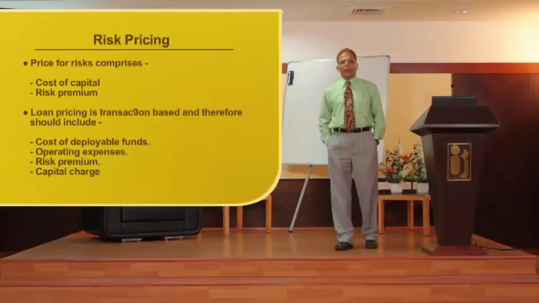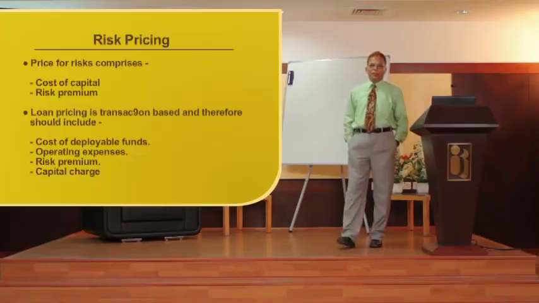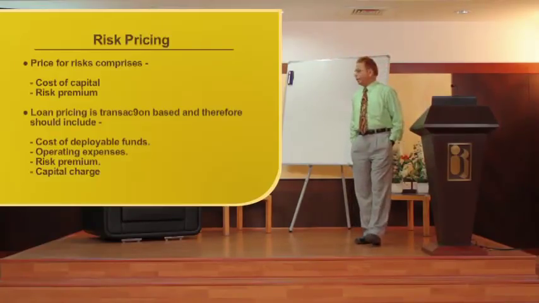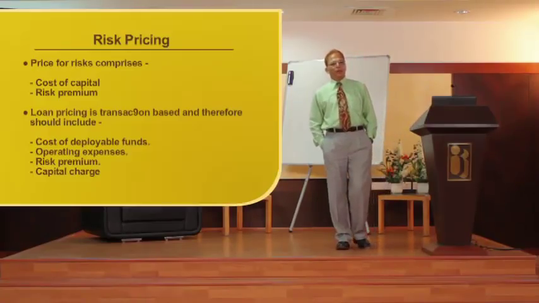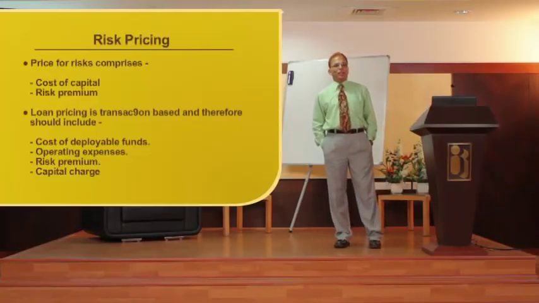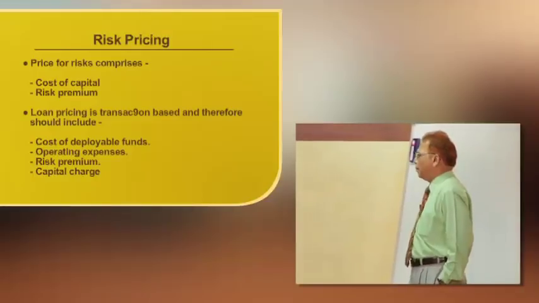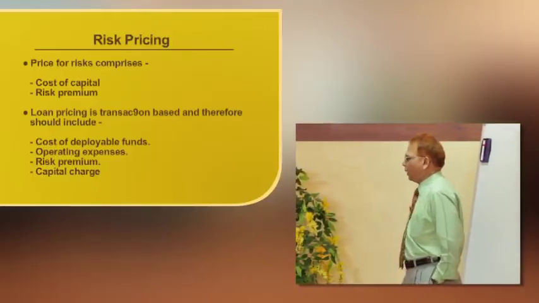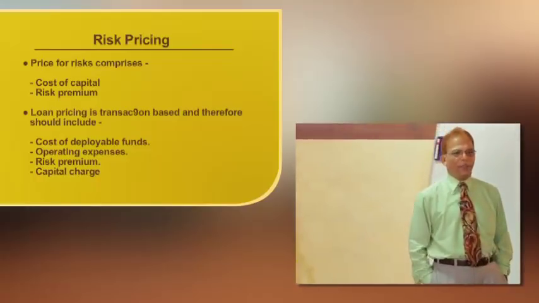Suppose there is a stipulation of 9% capital adequacy. If I am lending 100, I need to maintain 9 rupees capital for that exposure. So the cost of raising this 9 rupees is what is known as the capital charge. Though banks can raise capital by way of equity, they can also raise it by borrowed funds depending on the regulator's prescription.